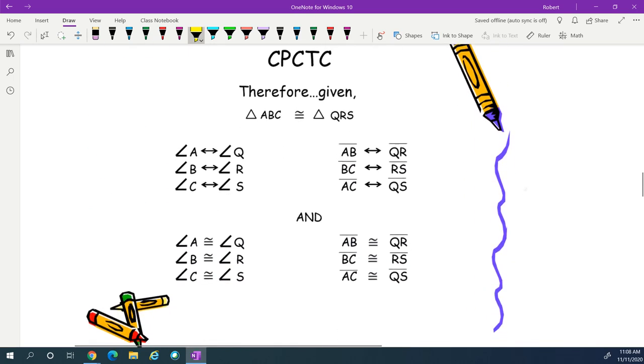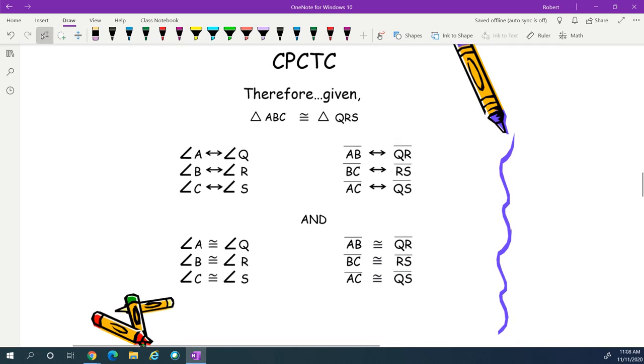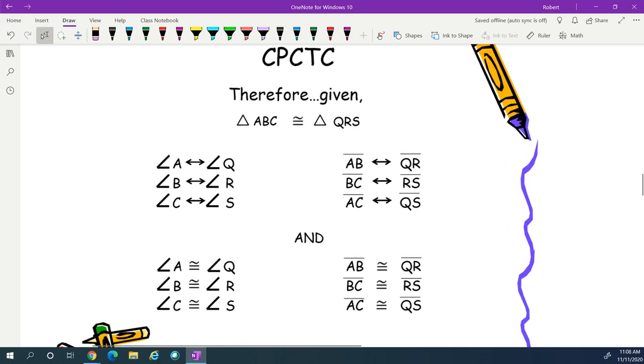So again, if we take our triangle statement here, we have a congruent statement, triangle ABC. So again, I'm just going to number these. 1, 2, 3. So vertex 1, vertex 2, vertex 3. And we're saying it is identical or congruent to the other triangle, triangle QRS. And again, I'm going to just put 1, 2, 3.